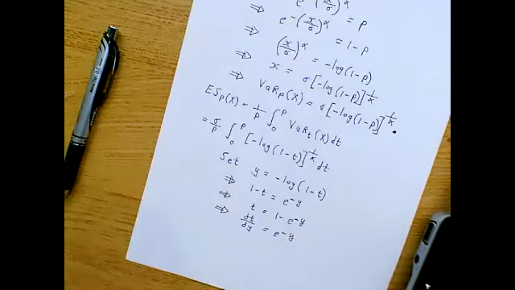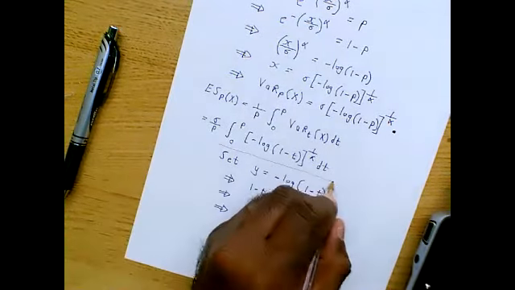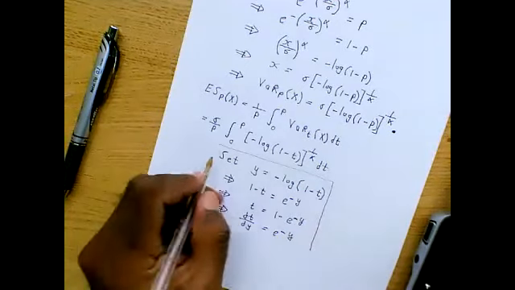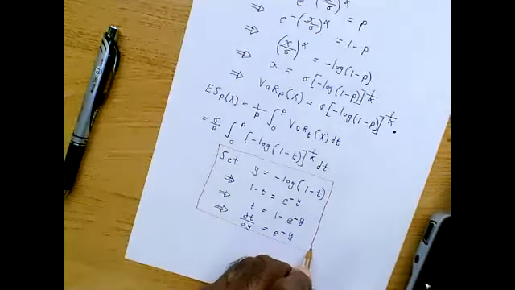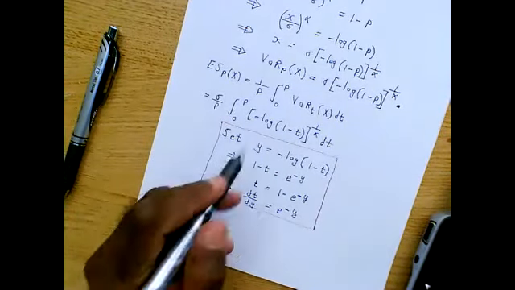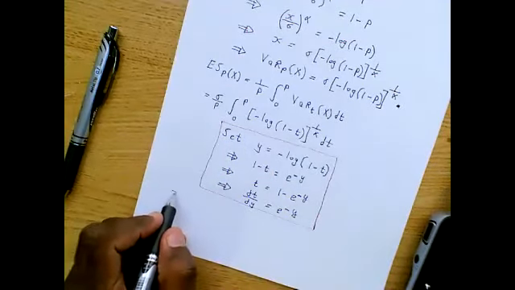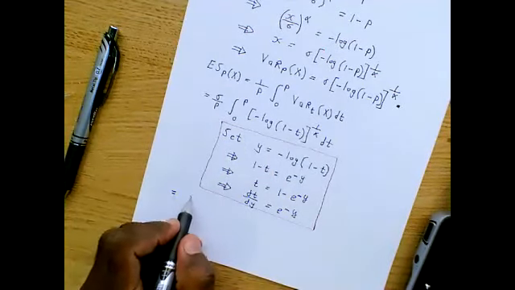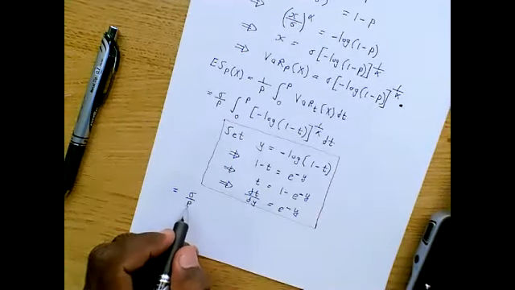Okay, so let me put this in the box. Now I'm gonna substitute this into this, so you will get the following: sigma by p outside.